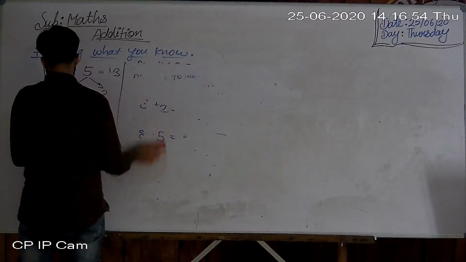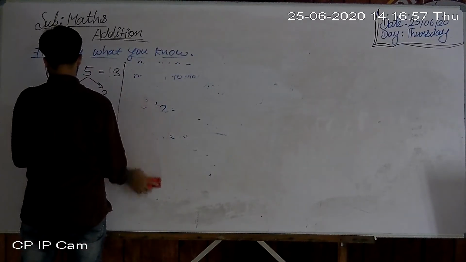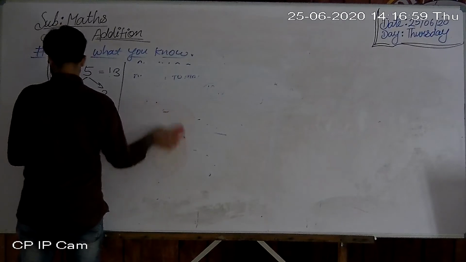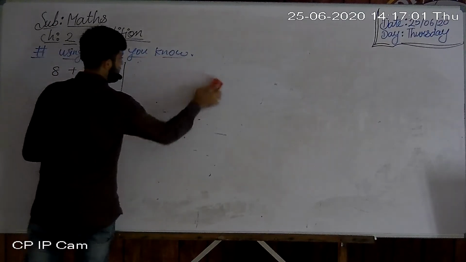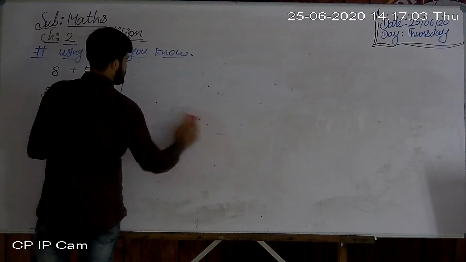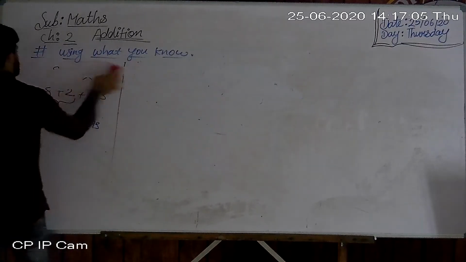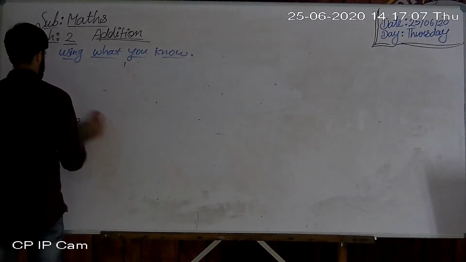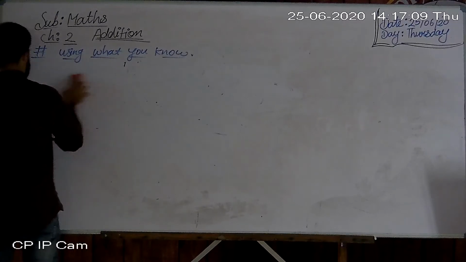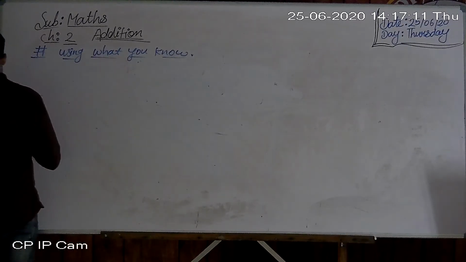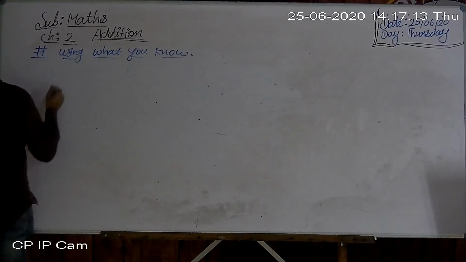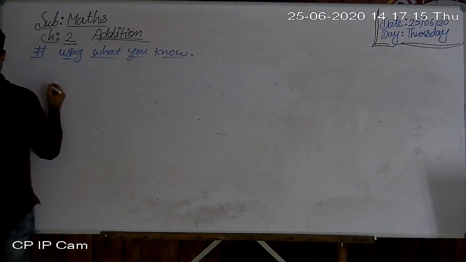Here we back up the second number to make a 10. Okay. The second number we divide into 2 parts. So the second number is what, for backup, to make a 10.